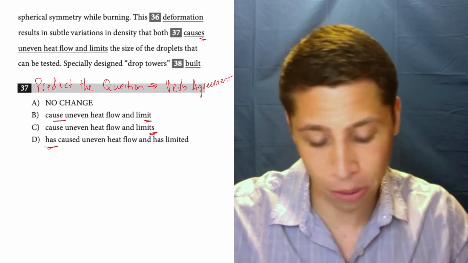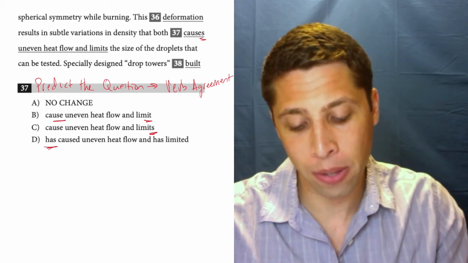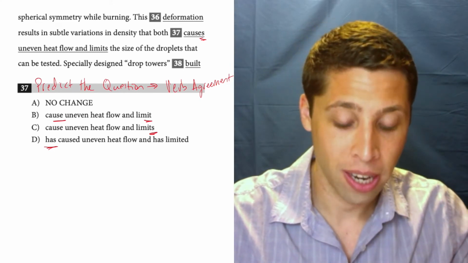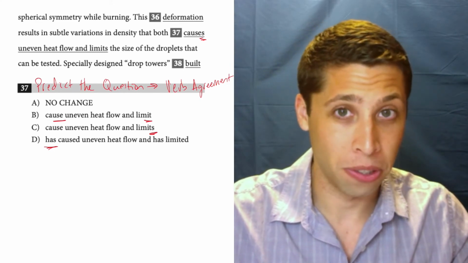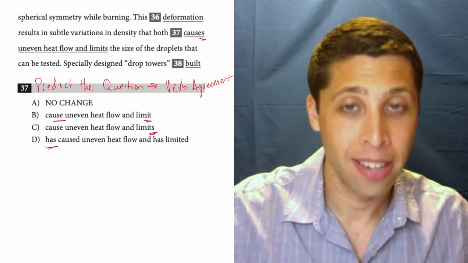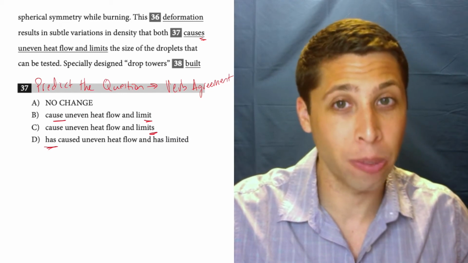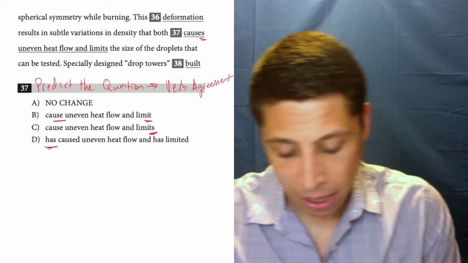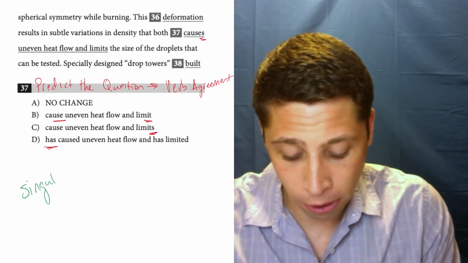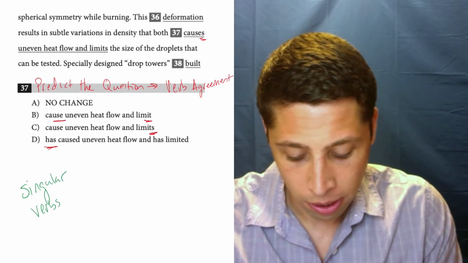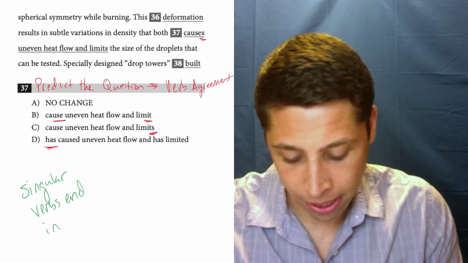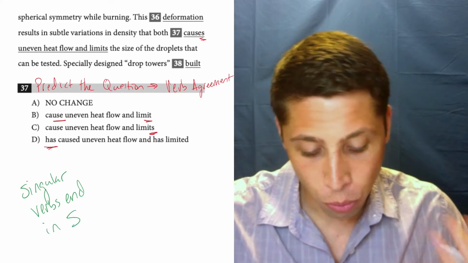So let's look at what we have here. We have to remember that in English, singular verbs have the S. It's kind of the opposite of what we normally expect. We associate the letter S with plurals, but singular verbs end in S.